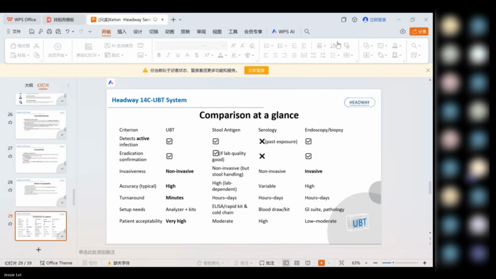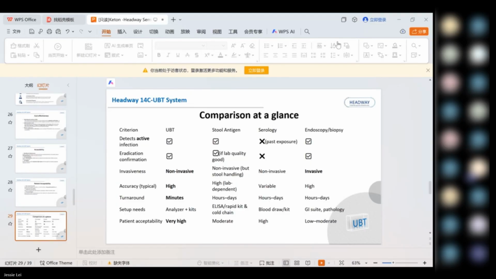Okay, thanks for the question. The bacteria H. pylori adheres to the gastric mucosa. So fasting 2 hours or an empty stomach can make sure that the enzyme produced by H. pylori can react with the urea that the patient swallowed.